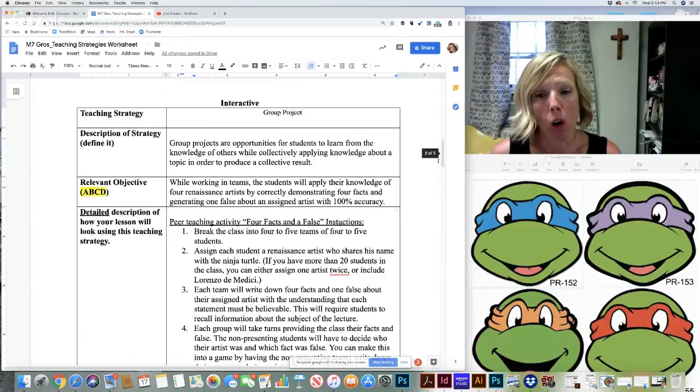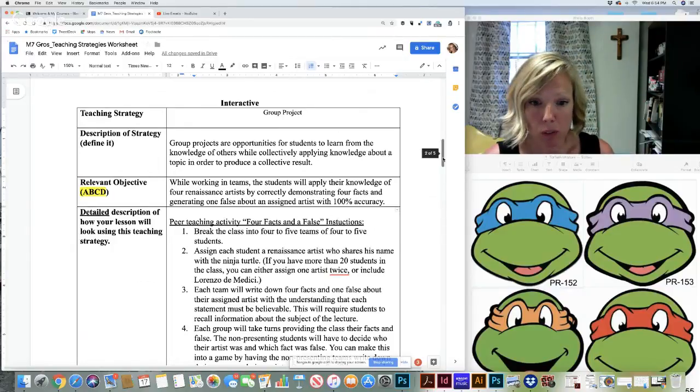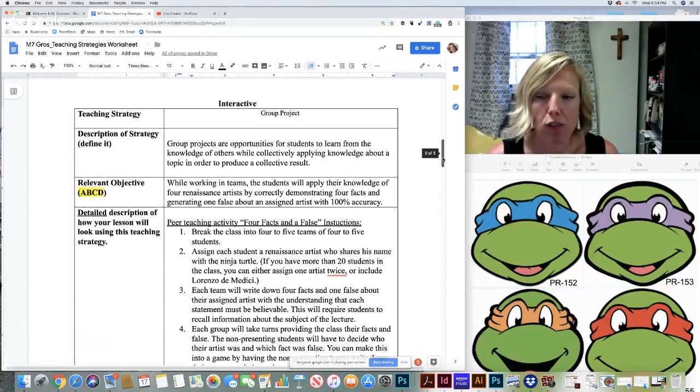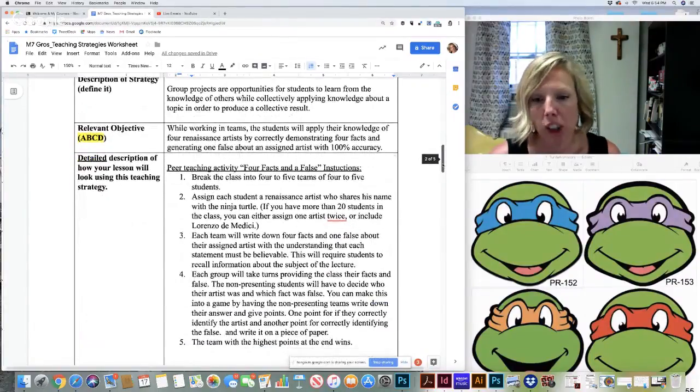These are all information that they were provided during the lecture section, and they can refer to the bulletin board to see what was there, but they have to recall facts that I actually gave them. Then they're going to present that in front of the other students, and then they have to say, oh, this is the artist that you are, and they have to say what were the facts and what was false. So it's a fun way for everybody to recall the information.